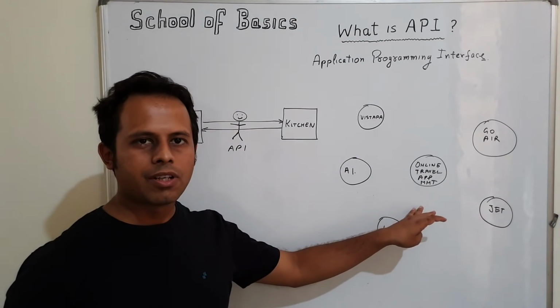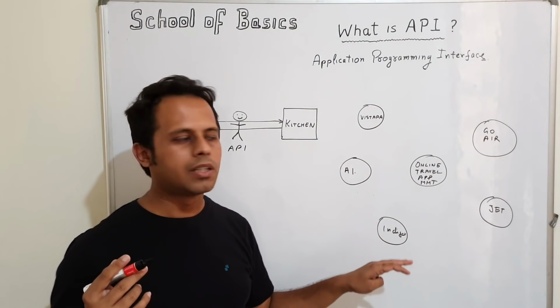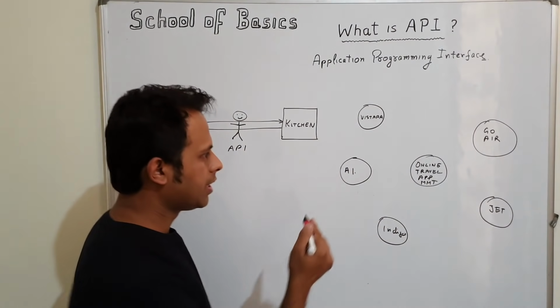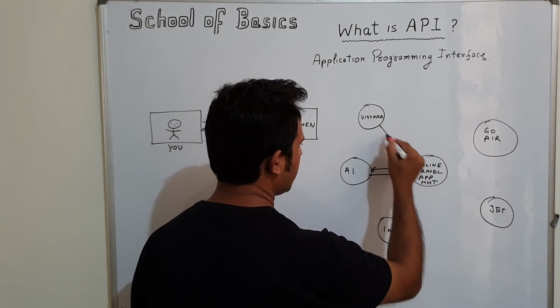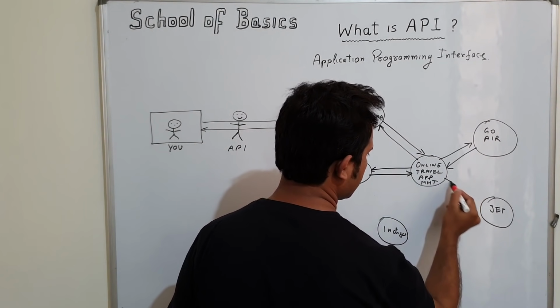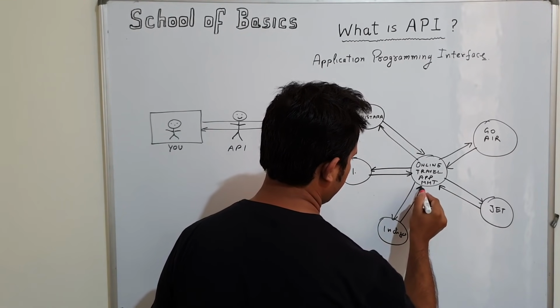So this online travel website has communicated with all these applications of the airlines and has given you the information. So here this communicates with this and sends the response back: sends the request and response, request, response, request, response, and the same thing.